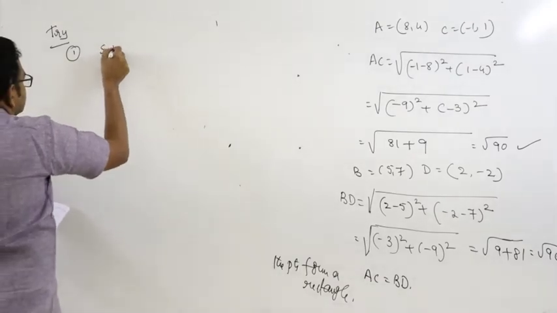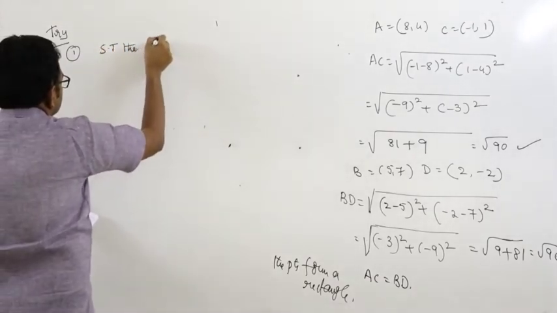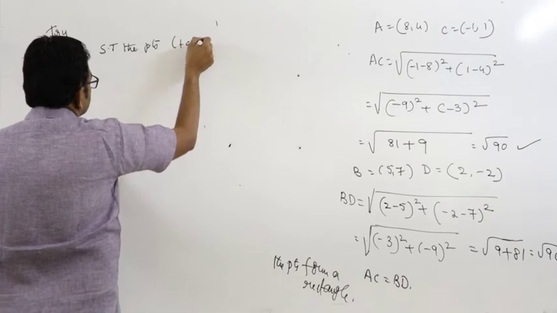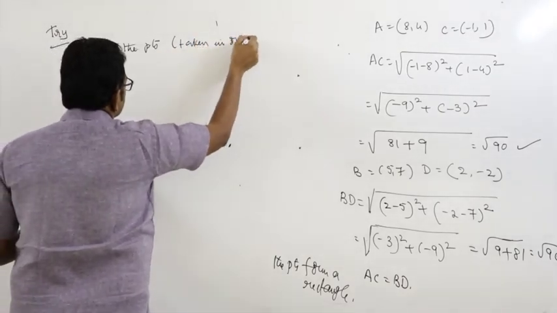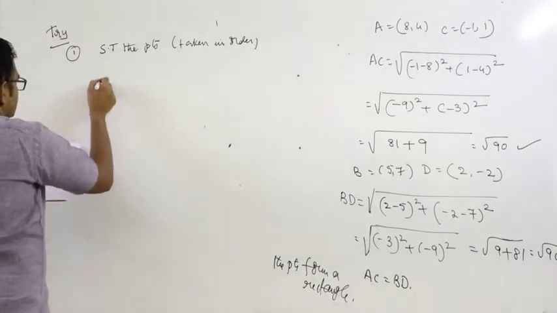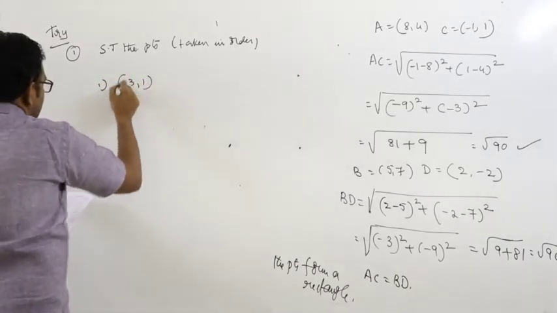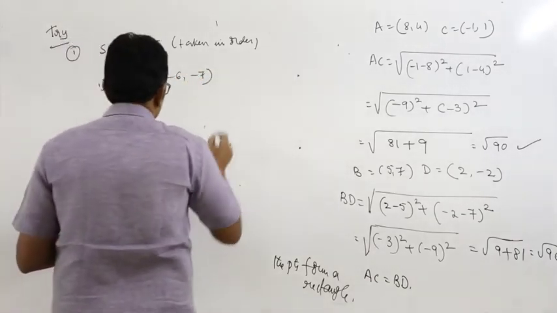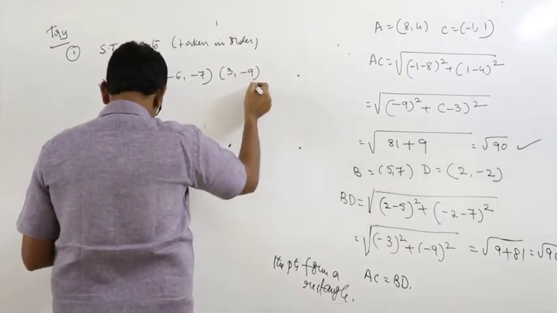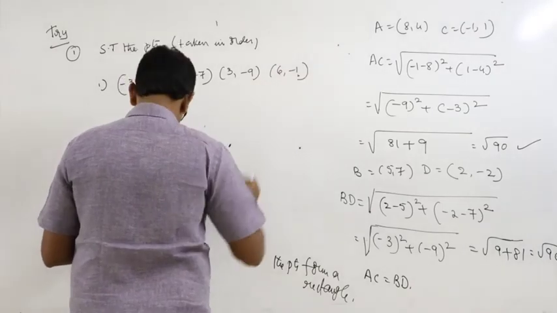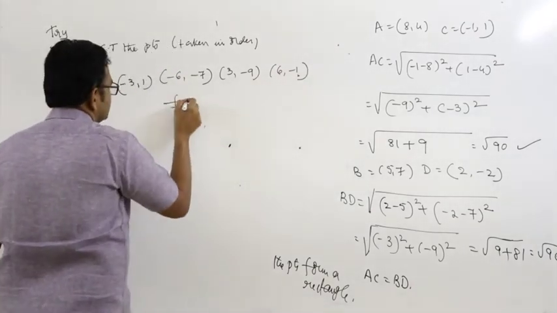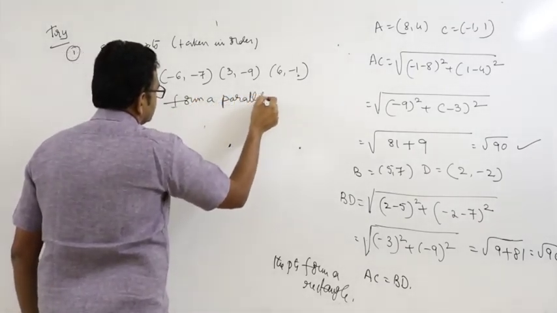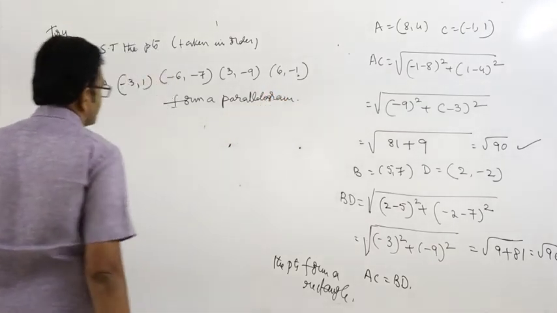Show that the points, taken in order, first one: (−3, 1), (−6, −7), (3, −9) and (6, −1) form a parallelogram.